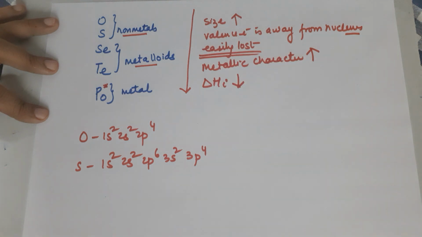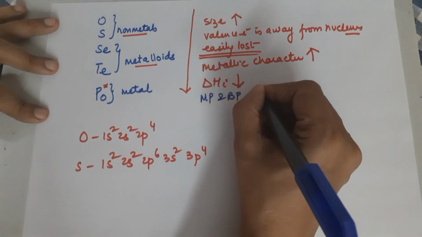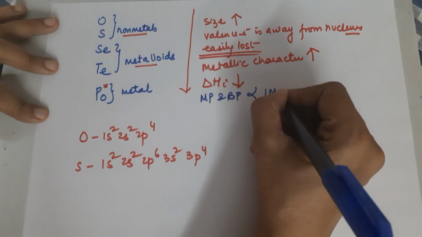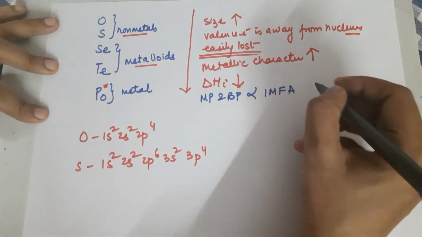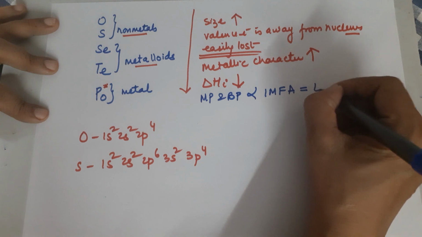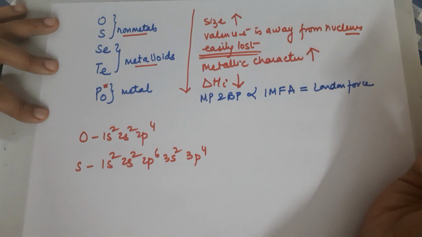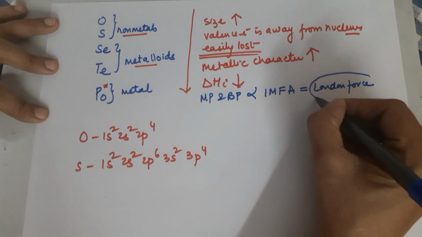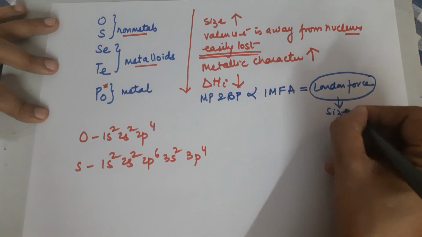Coming to the physical properties, your melting point and boiling point are directly proportional to intermolecular force of attraction. For these elements, the intermolecular force of attraction is the London force or the van der Waals force or the dispersion force, which is dependent on size or the mass.